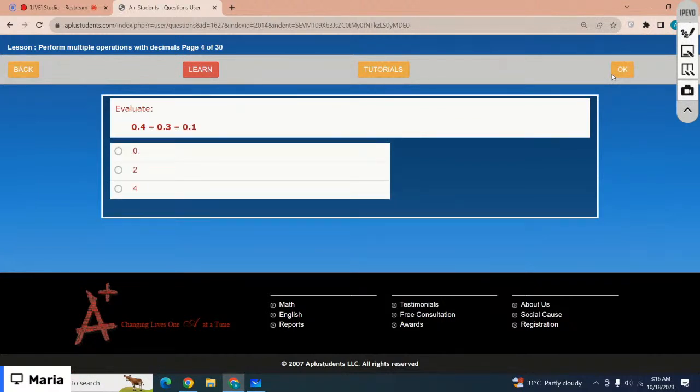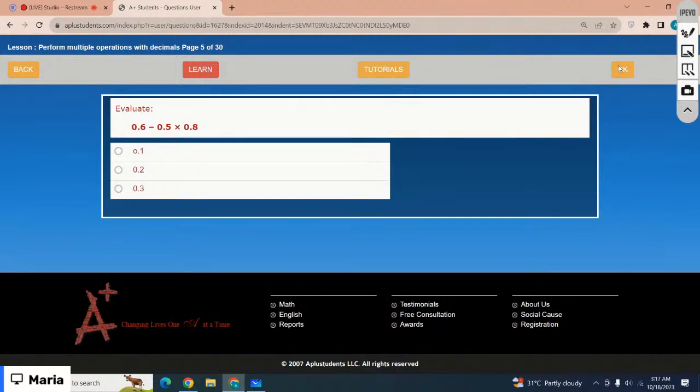Okay, the next one is you have to subtract, which is the correct option. Yes, that is 0. Okay, 0.6 take away 0.5 times 0.8.